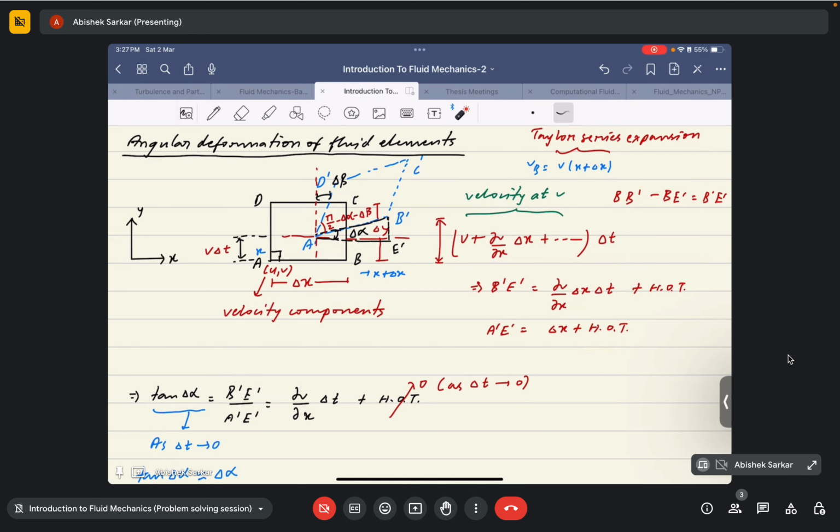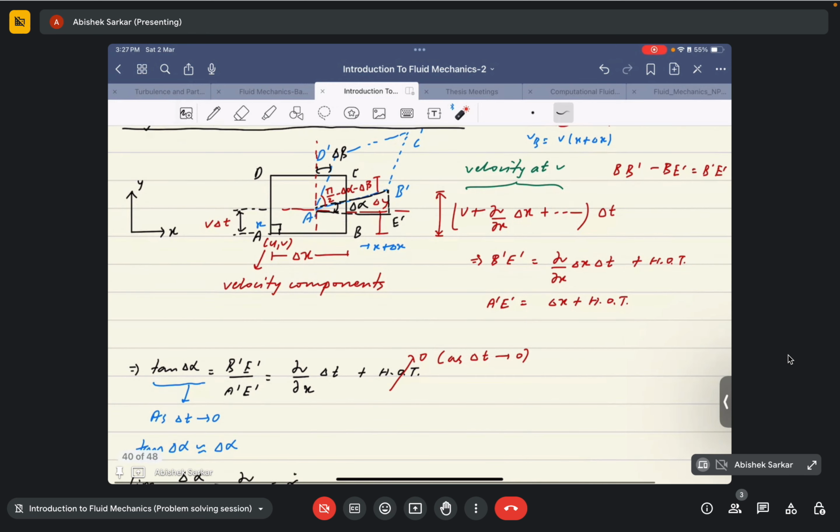Okay, and that's why, if we now know a dash e dash and b dash e dash, then tan of the angle delta alpha would be b dash e dash by a dash e dash, right? It's quite simple.